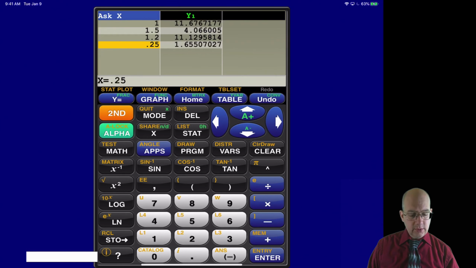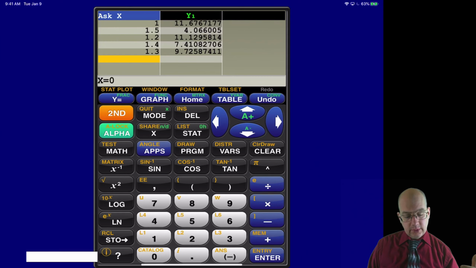So I need to be on the other side of 1.2. I went down 0.5 between 1 and 1.2. Now I want to go a couple more. This is clearly 7, 1.3, 9.72.